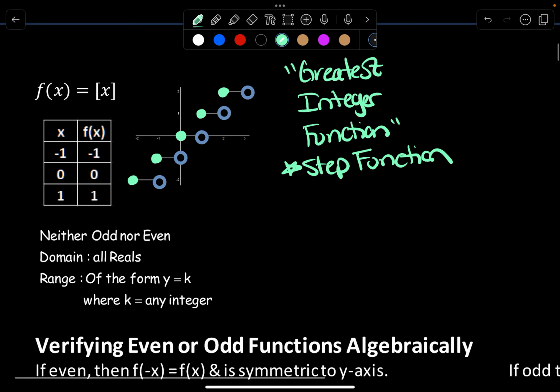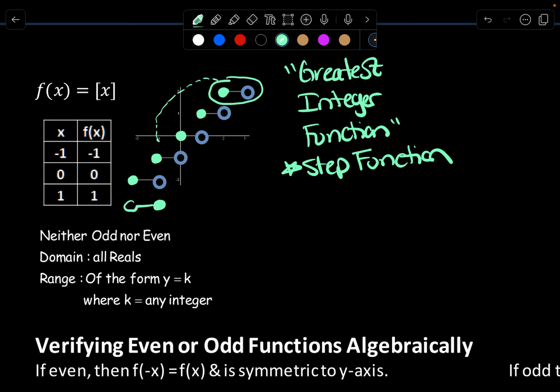All right, so this one is neither odd nor even. Though it kind of looks like y equals x, the issue is if we were to take this particular section and rotate it 180 degrees, it would end up looking like this. Okay, so it's close, but now these are not overlapping.